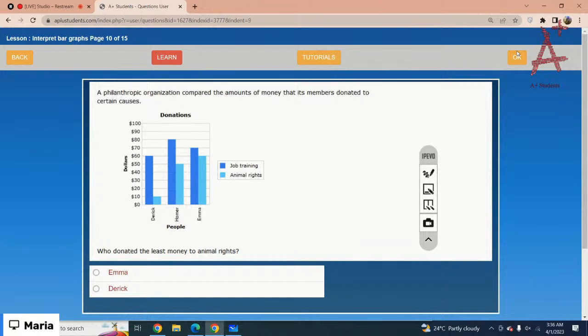So animal rights is Derek. You can see the least value is for Derek. That means Derek donated the least money to animal rights. Got it? So the correct option is Derek.